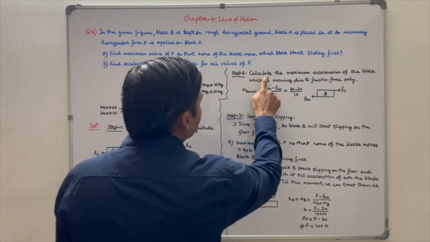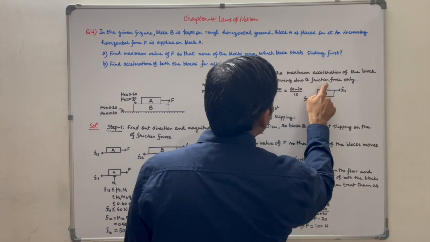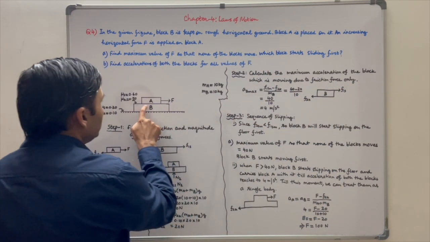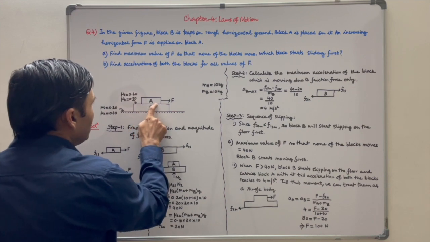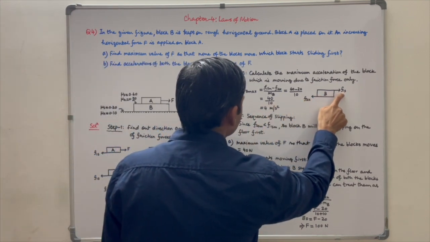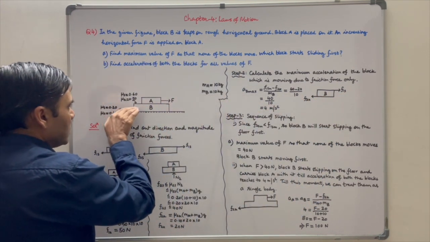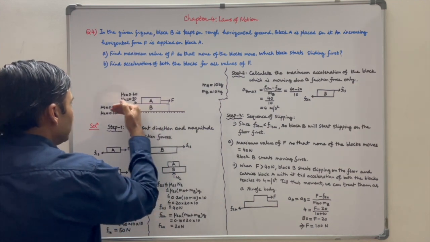Second step, calculate the maximum acceleration of the block which is moving due to friction force only. Block B is moving due to friction force only. On its upper surface, block A is applying a friction force in forward direction. It is represented by F1S. When block B is accelerating, floor is applying kinetic friction on block B in opposite direction.